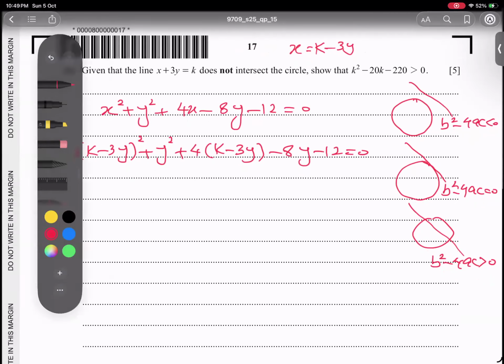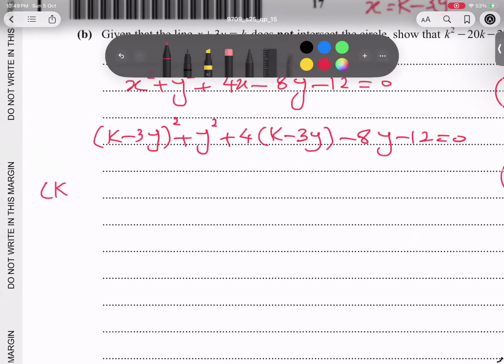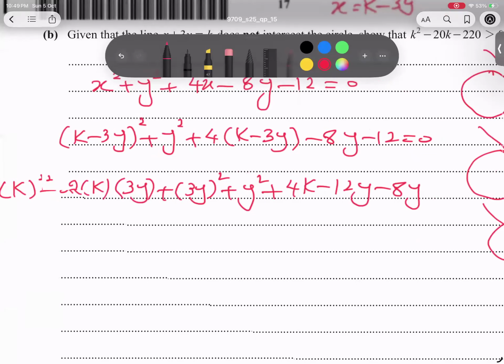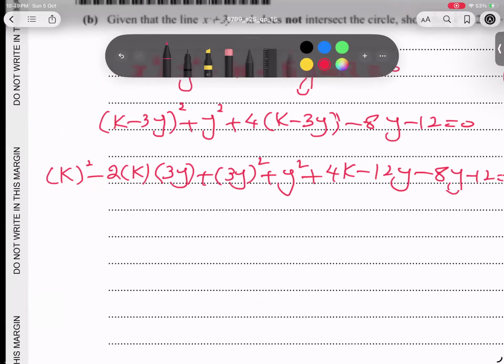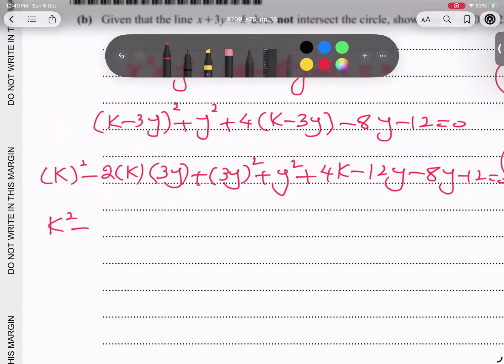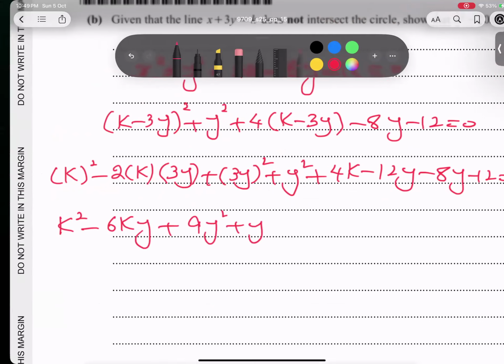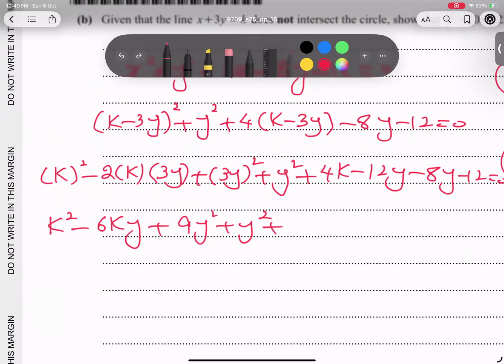Here I'm using the squaring identity: first term squared, minus 2 times first term times second term, plus second term squared. So k squared, negative 6ky, plus 9y squared, plus y squared, plus 4k, negative 12y. I can write negative 20y here because both together, and negative 12 equals 0.